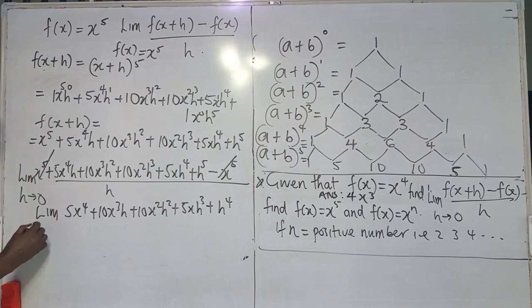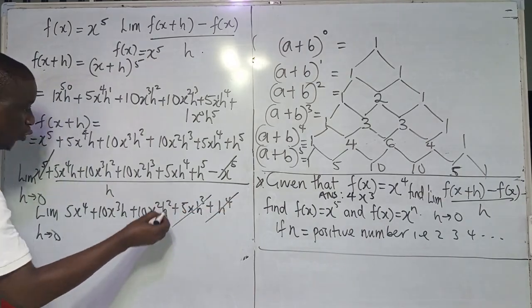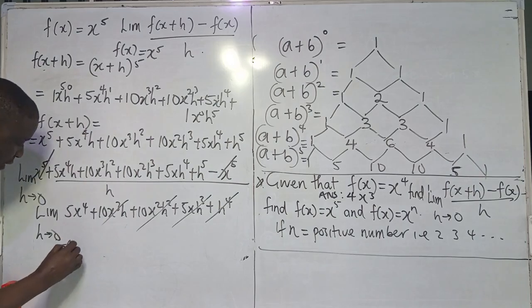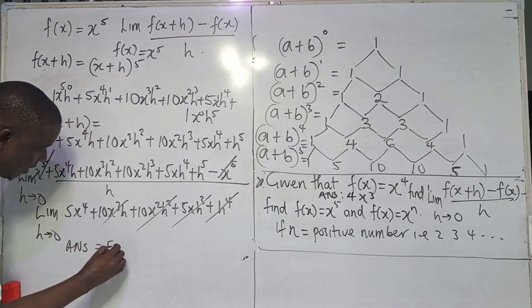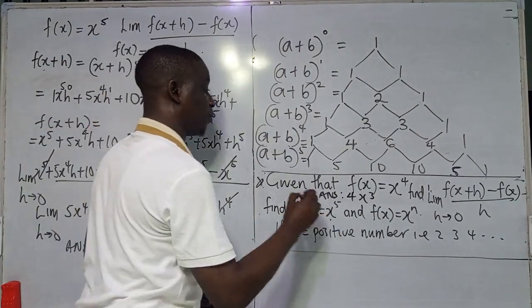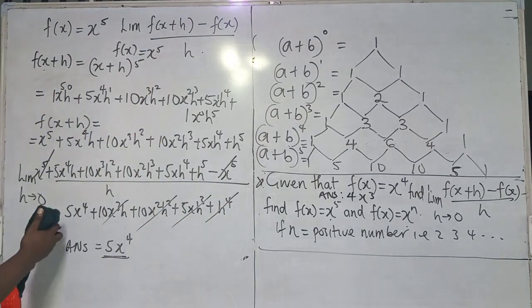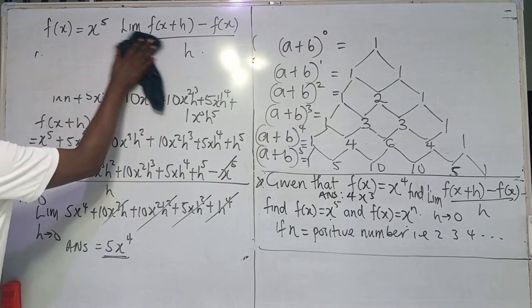So limit as h tends to 0. If you put 0 in all of this that has h, they will all cancel out. So our answer will be 5x to the power 4. Let's do the last one right away.